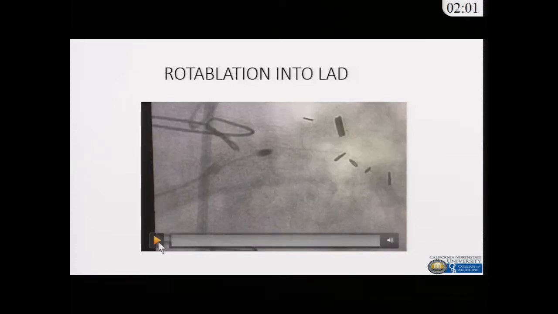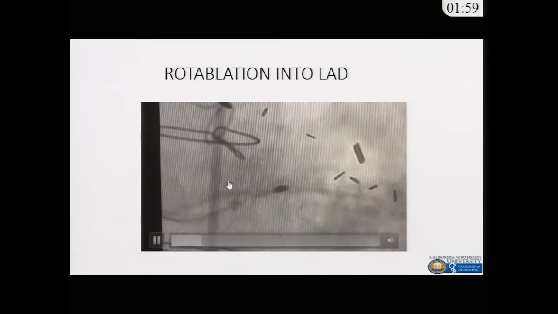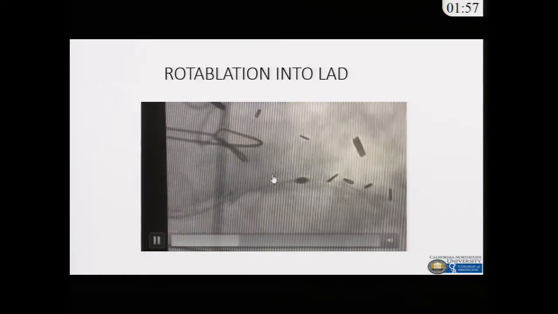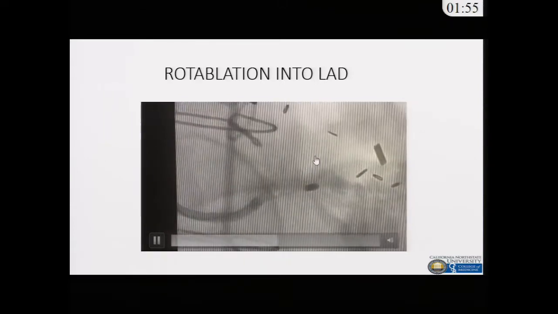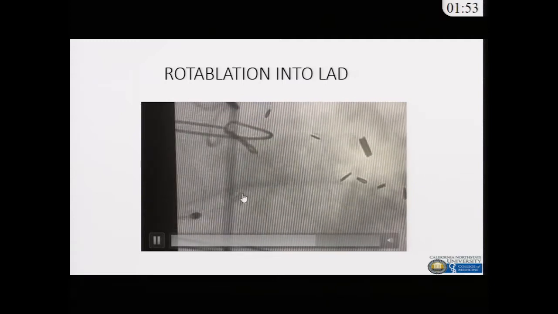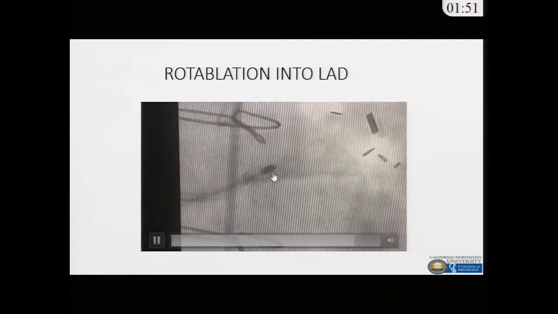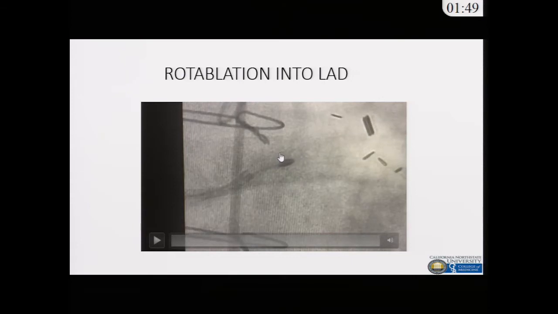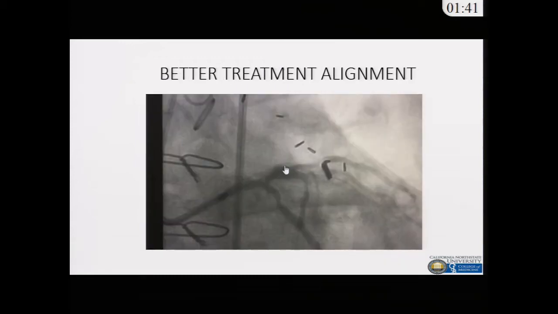Again, you see the orientation on this. Here's my original guide, and here's the lesion right here. So the guide is sitting quite back, and the burr going into the LAD is going on the underside of the lesion and can only bite into the lesion if the wire is very strong and has a strong bias.